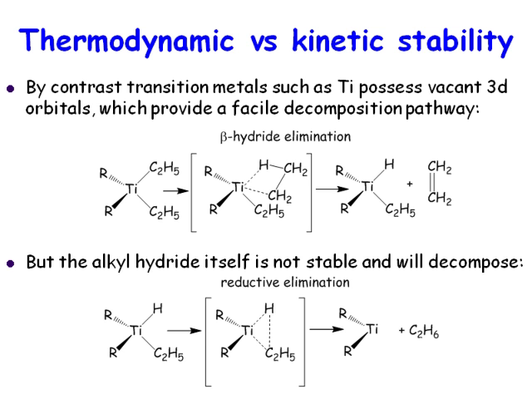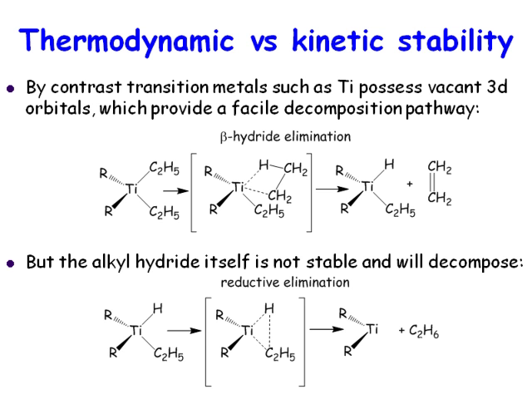Why is it called reductive elimination? Well, clearly we're eliminating an alkane here. It's called reductive elimination because, and we'll do this at the end of the lecture course, if you work out the oxidation state here it is titanium 4, and the oxidation state here is titanium 2. So there has been a reduction of the titanium from 4 to 2, and a species has been eliminated, hence we call it reductive elimination.